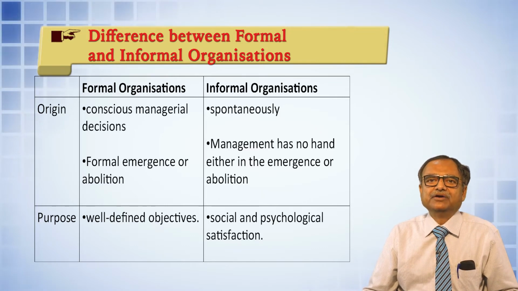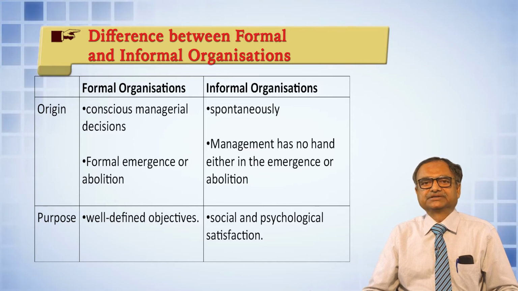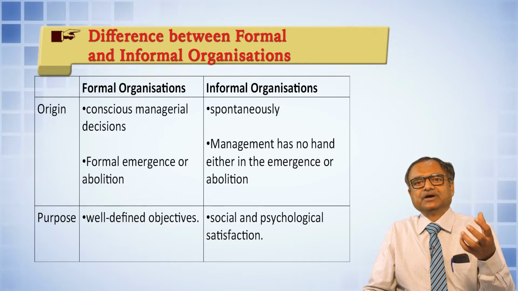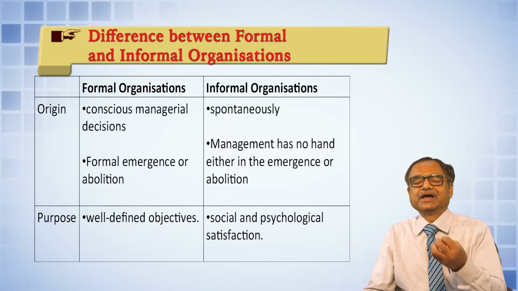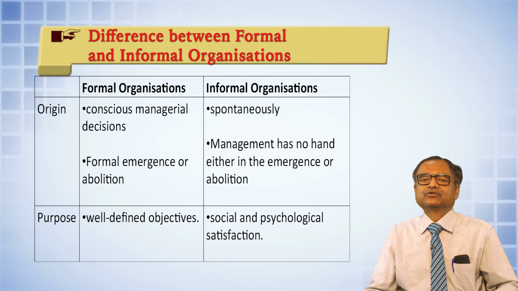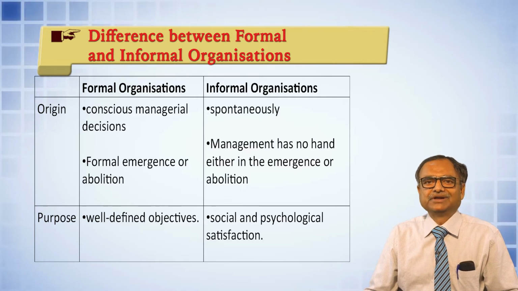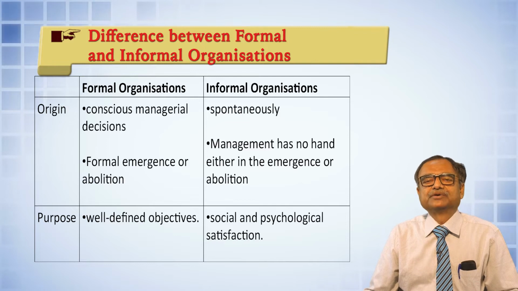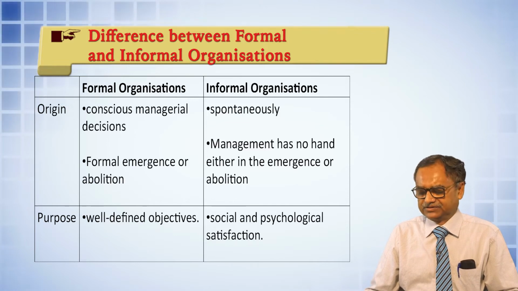As far as informal organization is concerned, it emerges as a result of satisfaction of social and psychological needs. So it provides you social and psychological satisfaction when you are a part of some informal organization.